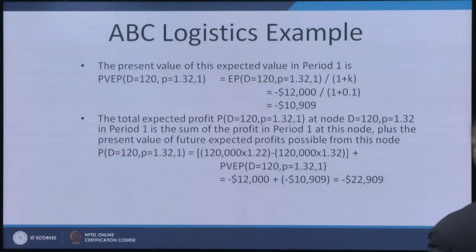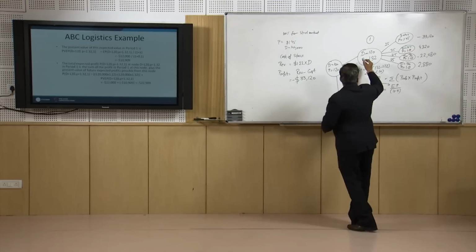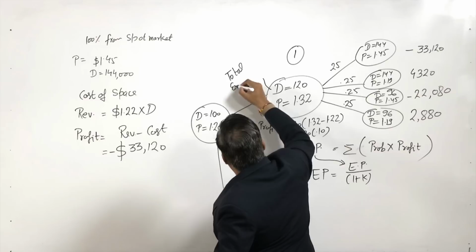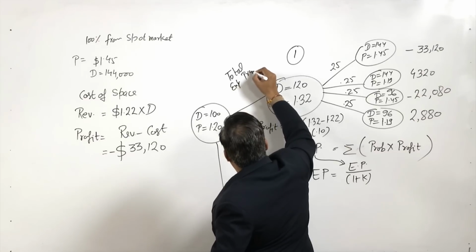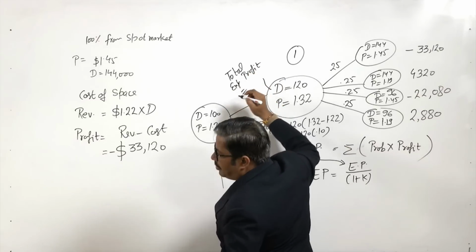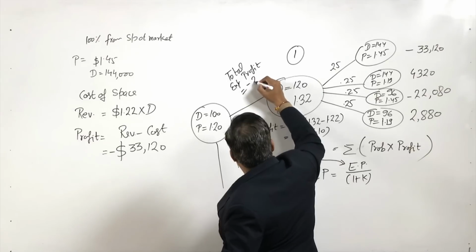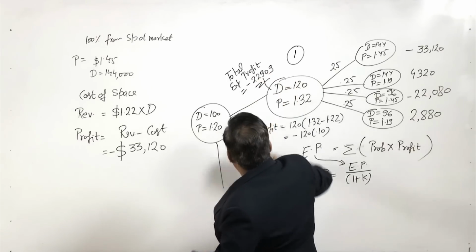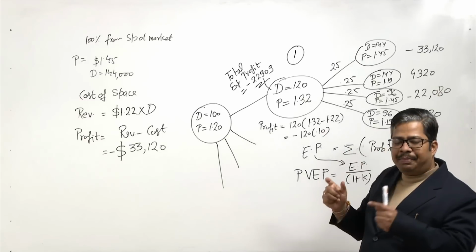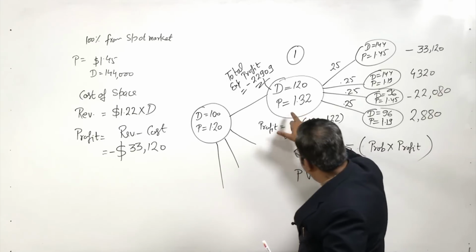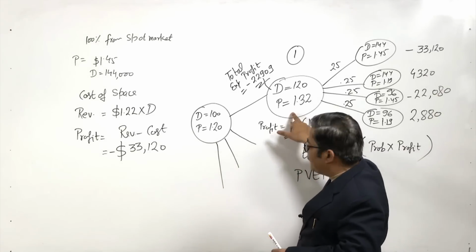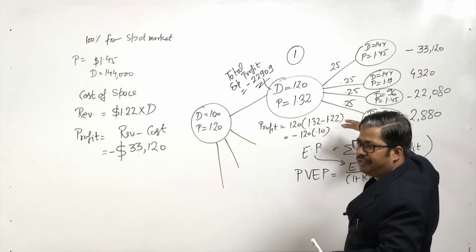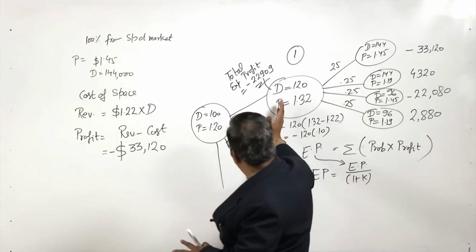This is the total profit here, which includes the profit generated at this time plus the present value of profits from all these future states. So, that is taken care.